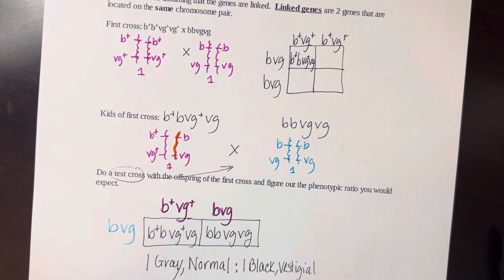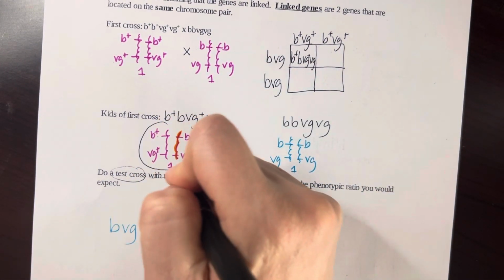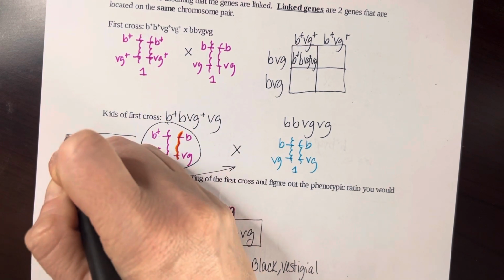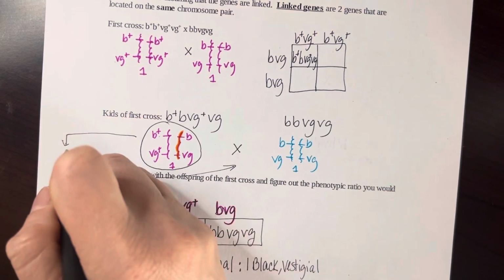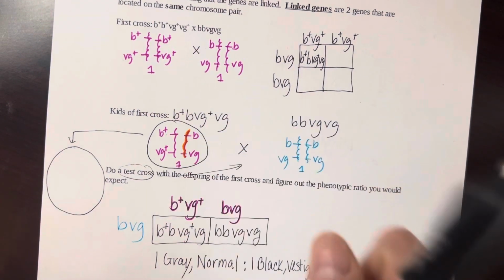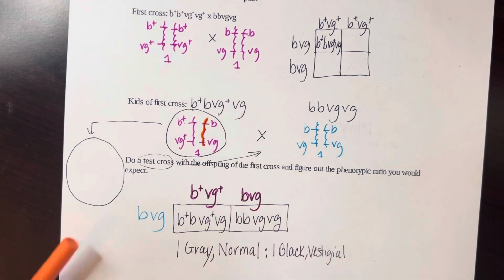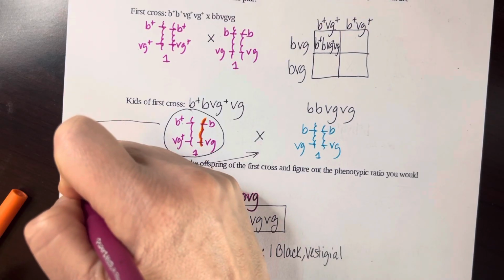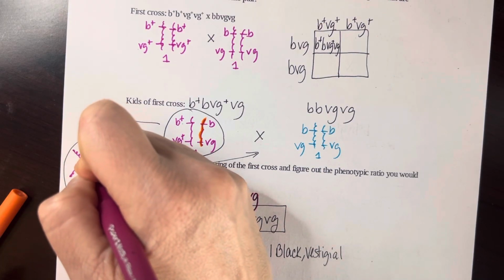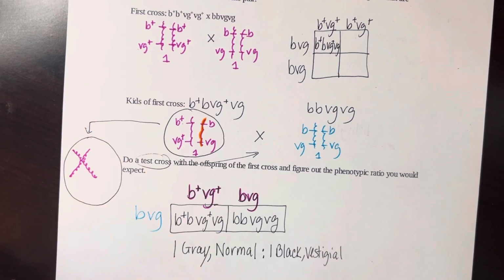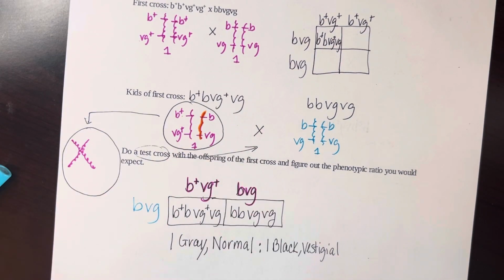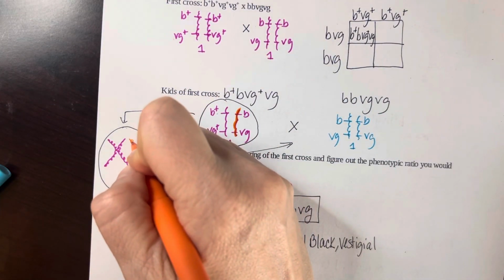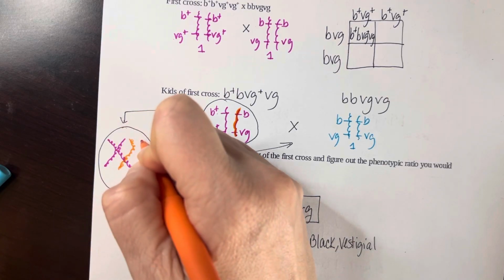Let's say this is a cell, and this cell is going to go through meiosis. The first step in meiosis is to replicate the DNA. So this half is an exact copy of this half, and we're going to show crossing over. I'm going to replicate the orange one and do the crossing over like this.